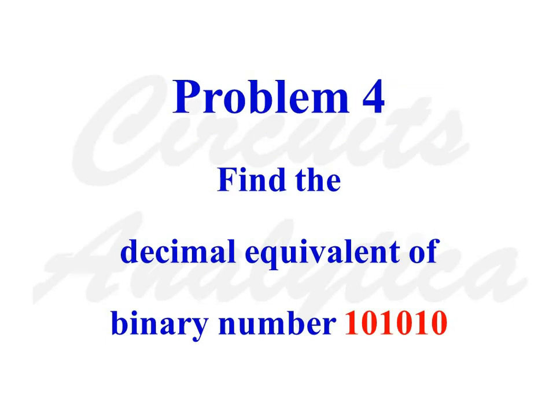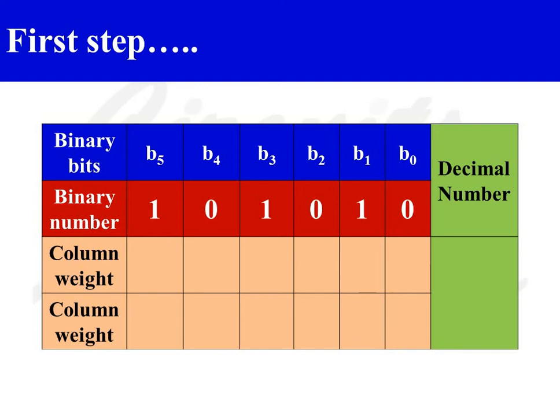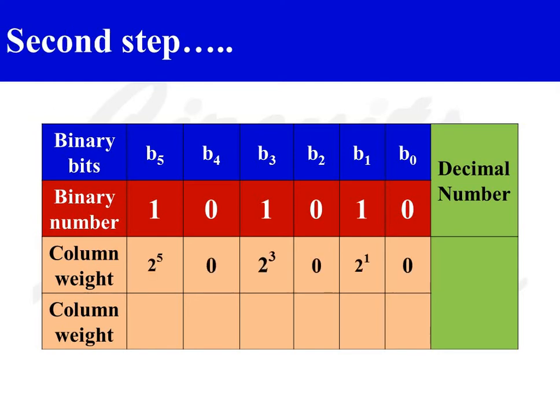Fourth problem. Find the decimal equivalent of binary number 101010. First step is to enter the binary number 101010. Next step is to enter the column weight as power of 2. So column weights are entered in the third row as power of 2. 2 raised to 5, 0, 2 raised to 3, 0, 2 raised to 1, 0.